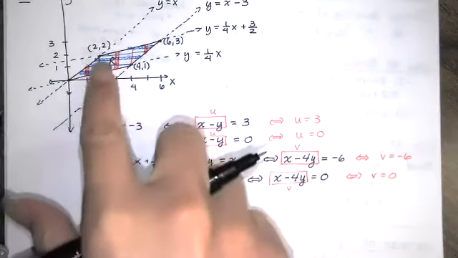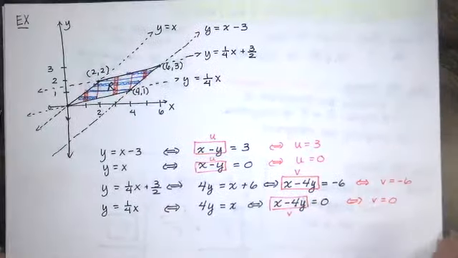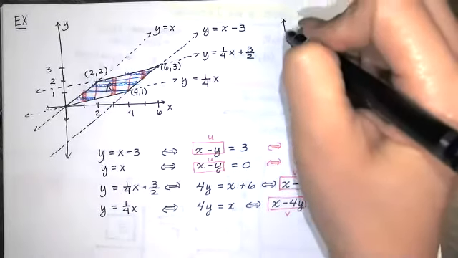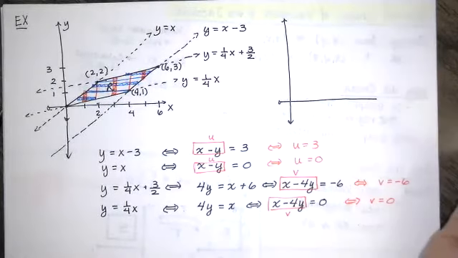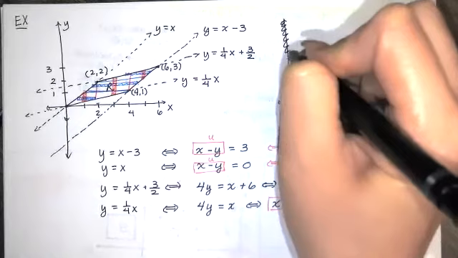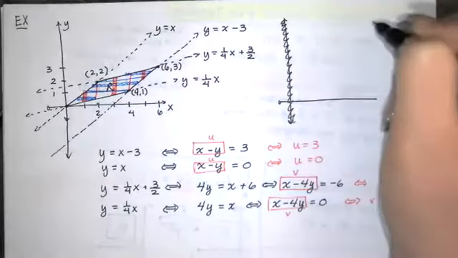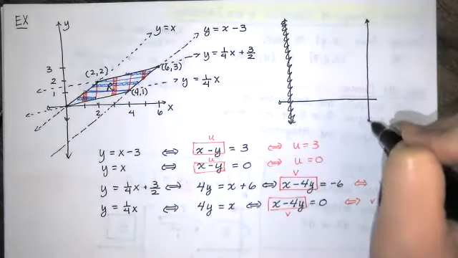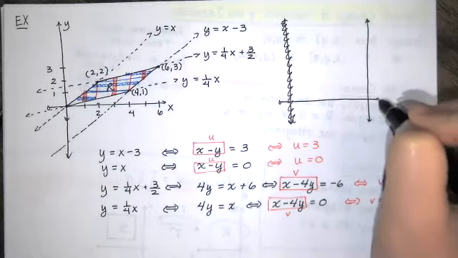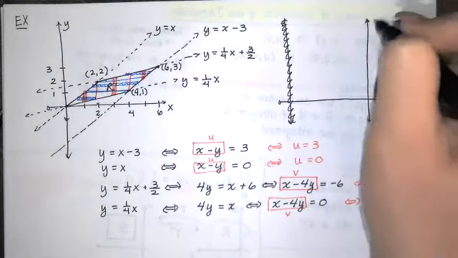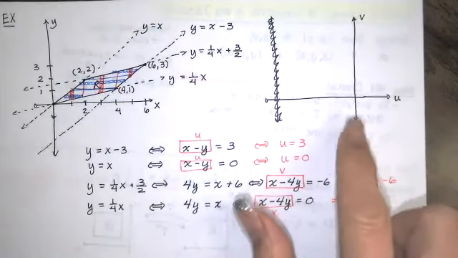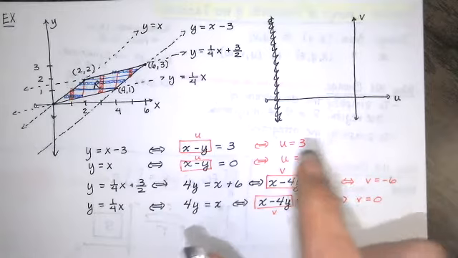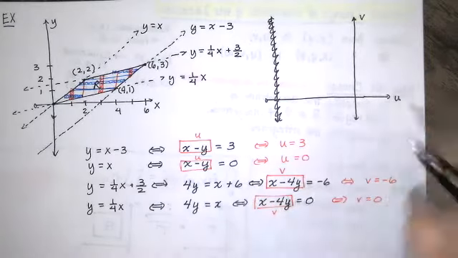Instead of writing this in terms of x and y over here, rather than integrating over that region, oops, let's do this. I can integrate over this region instead. This is my v-axis, this is my u-axis, and I want u to go from 0 to 3, keep drawing it wrong.